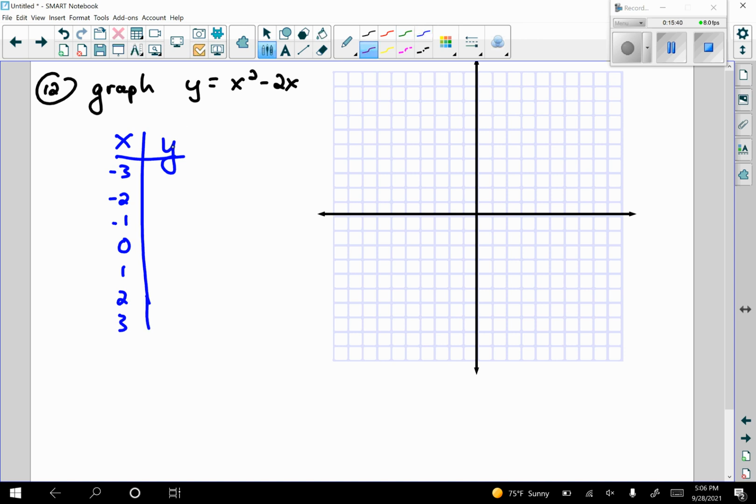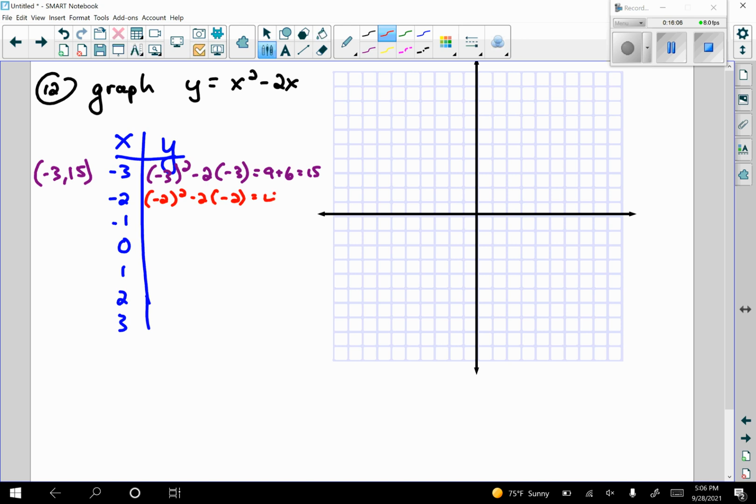All right, so y is going to become -3 squared minus 2 times -3. So that's going to give me 9 plus 6, which is 15. So that's the ordered pair, -3, 15. I'm not going to be able to fit that on my screen here. Next, if we go with -2, it's -2 squared minus 2 times -2.